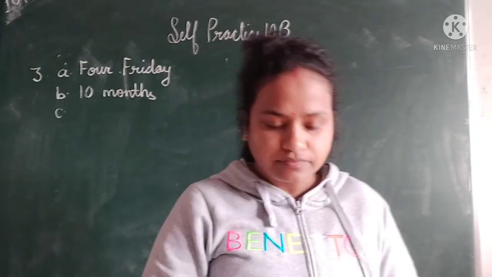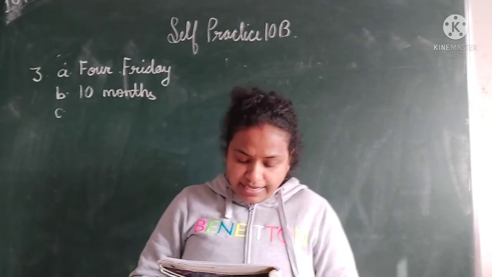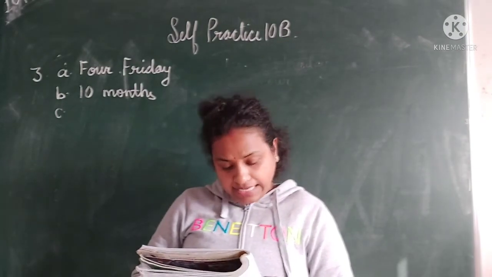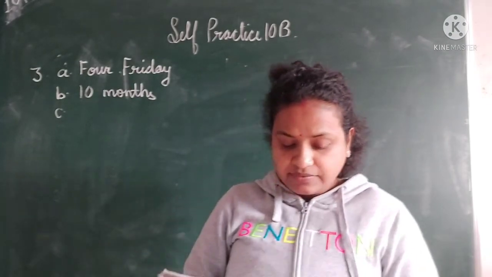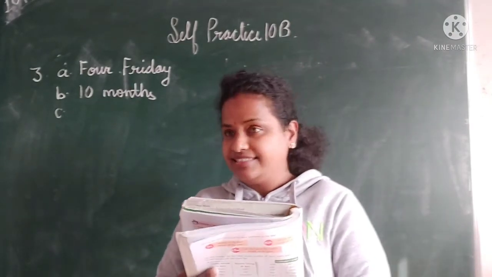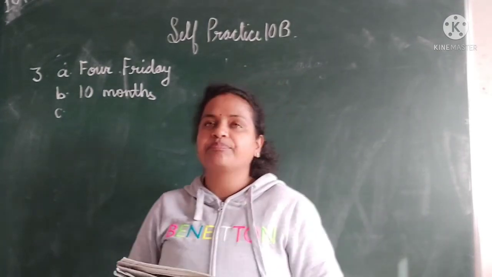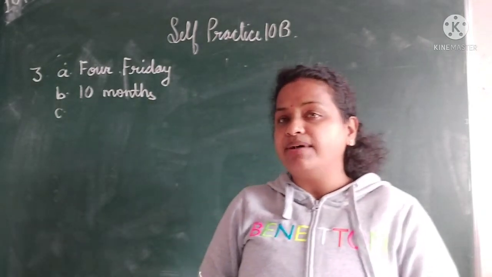Okay. Now see the C. His birthday is on the 9th day of the 9th month. Which day of the week is his birthday? Now see the calendar. First of all, you have to see the calendar. So which is the 9th month?